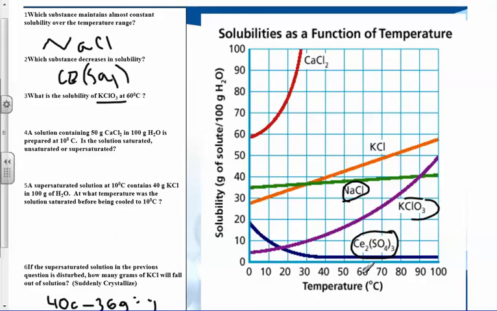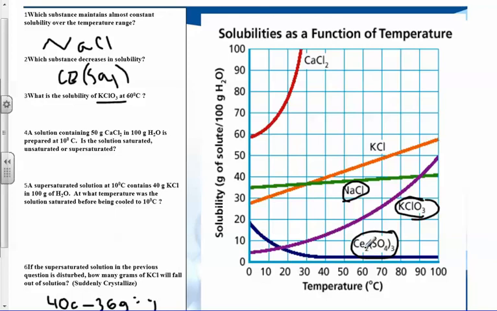Number 3, what is the solubility of potassium chlorate at 60 degrees Celsius? So let's just look at our 60 degrees Celsius and look at how many lines we have that are crossing this solubility line. So we're going to just look at the relationship between the solubility and the temperature. But first we want to find potassium chlorate, and there it is. So it's this purple line right here.